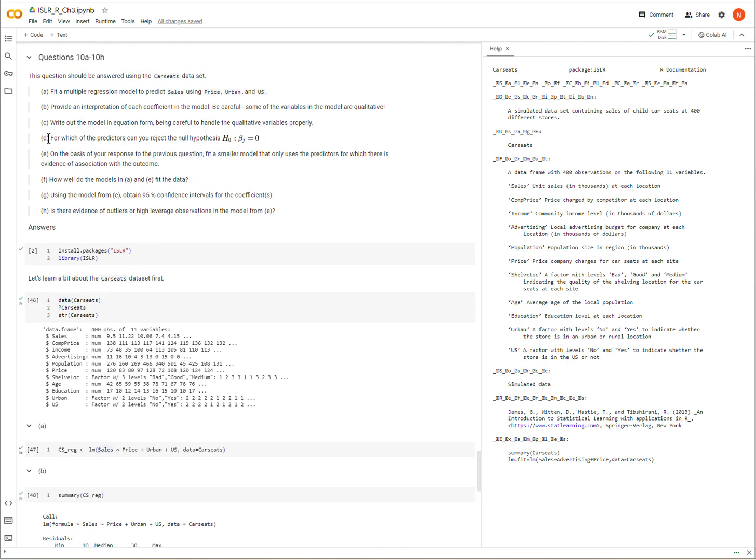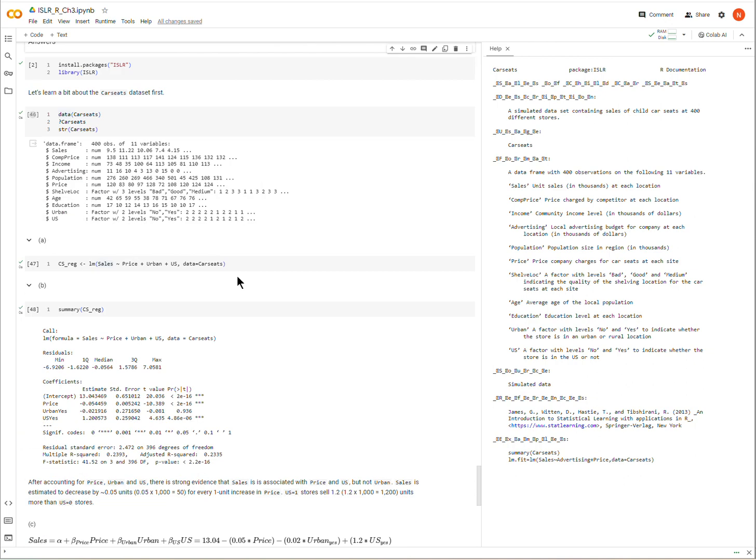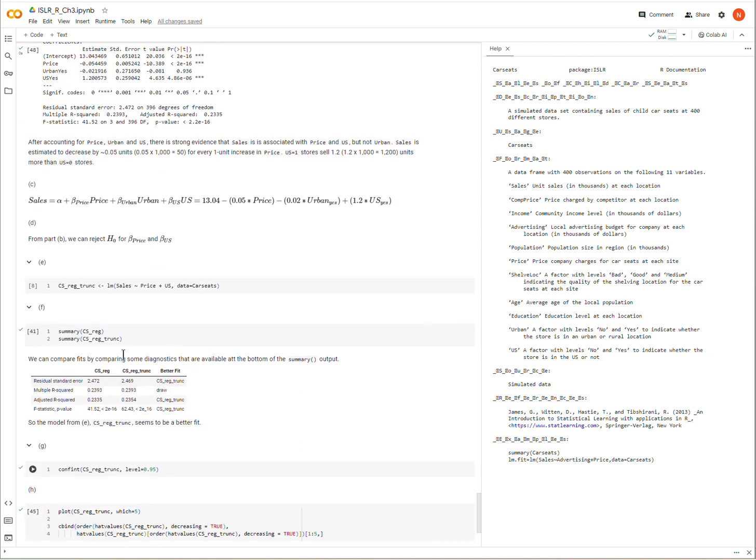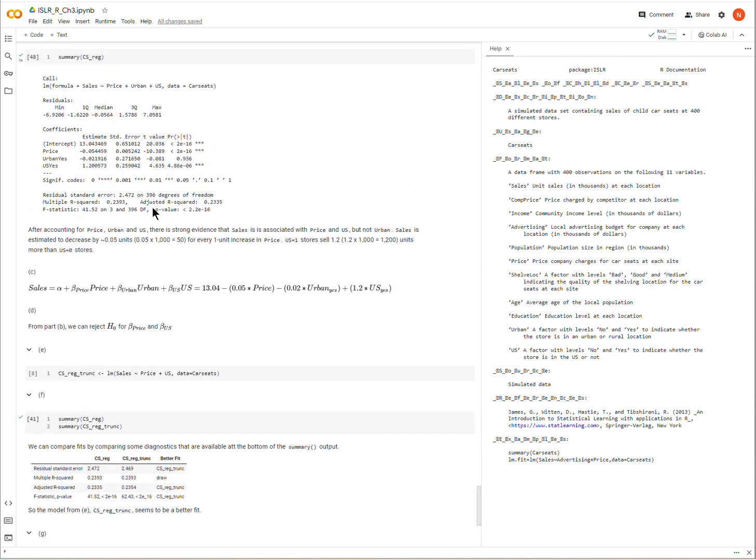The next part is, from our summary output, for which coefficients can we reject the null hypothesis? The null hypothesis being that beta equals 0. It depends on what our level of required confidence is, but we look for sufficiently low p-values, and usually the threshold is 0.05.